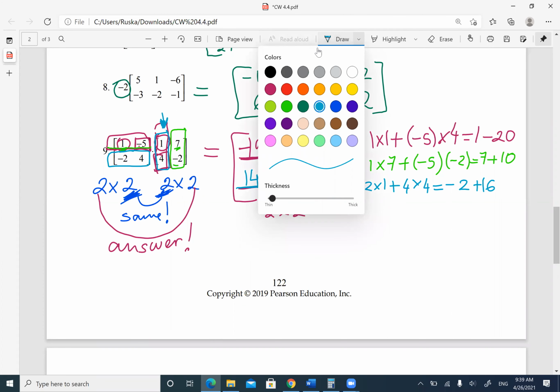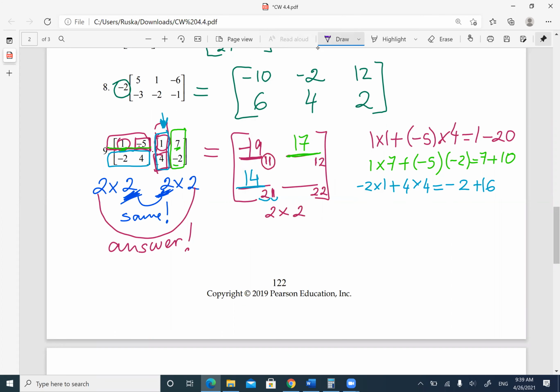So I'm going to multiply the last number here. It is going to be second row and second column. So it's always a row and column. So I'm doing second row and second column down here. So I'm doing negative 2 times 7 plus 4 times negative 2.